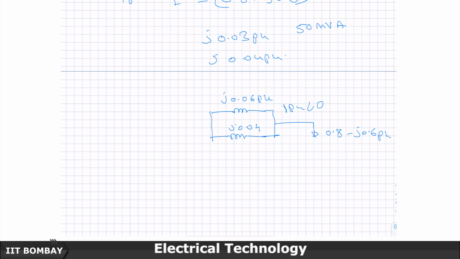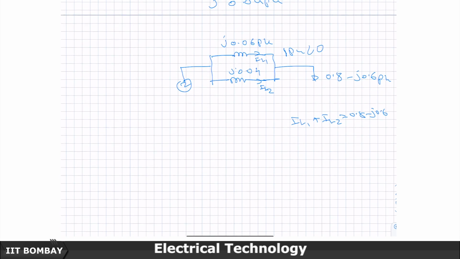Now my question to you is, what is this current IL1 and what is this current IL2 in per unit, given that IL1 plus IL2 is 0.8 minus j0.6. If this impedance is called Z1 and this impedance is called Z2, then I know that Z1 IL1 is equal to Z2 IL2, because this is a per phase circuit and the voltage drop has to be the same when things are connected in parallel.